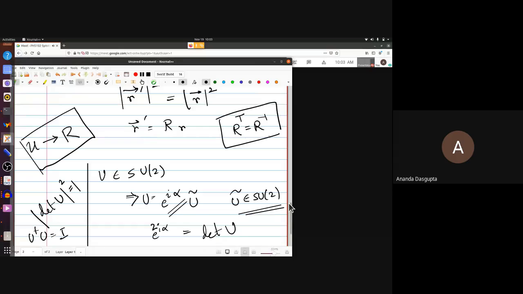Or you can actually start with an arbitrary SU2 matrix, carry out this transformation, find out the matrix R explicitly, and find out the determinant, and you will come out to be 1. That's one direct way of proving this result, that it is really an SO3 matrix. But can anybody give me a better argument?